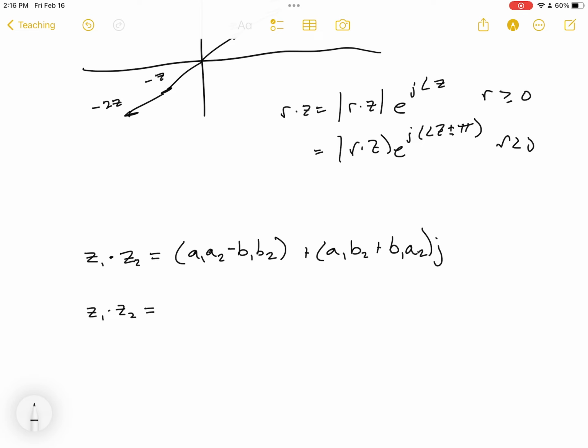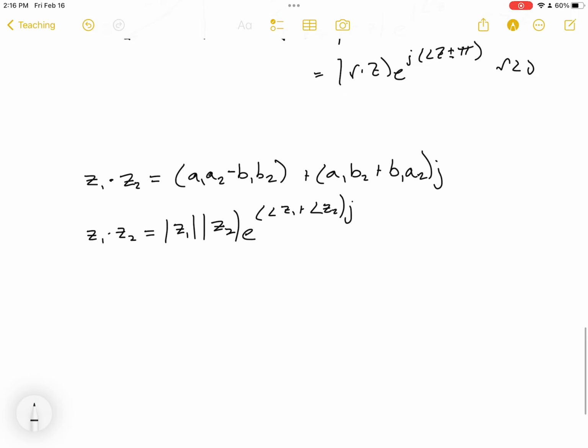It's the magnitude of z1 times the magnitude of z2 times an exponential, with the phase of z1 plus the phase of z2 times j. So we multiply the magnitudes, add the phases, and that's how we multiply two complex numbers together.